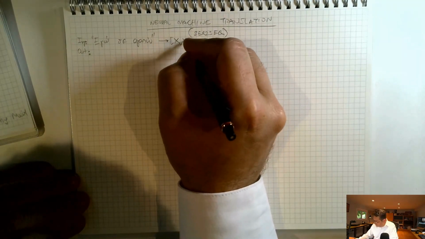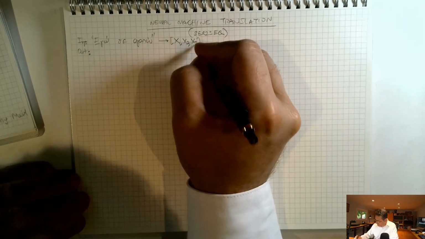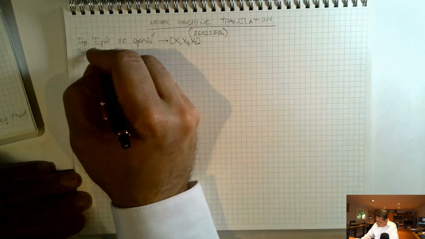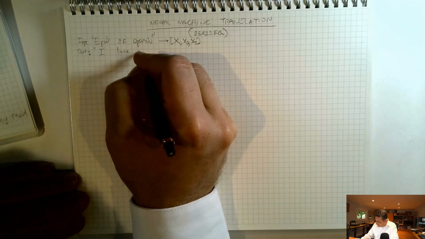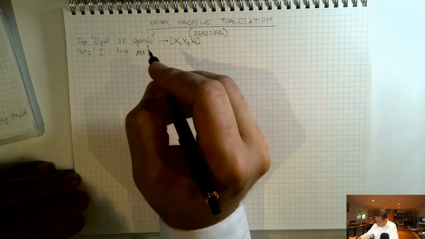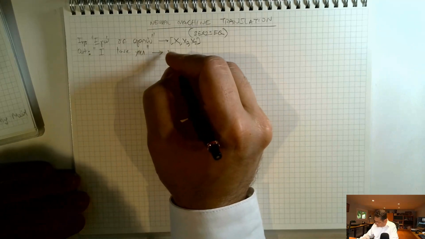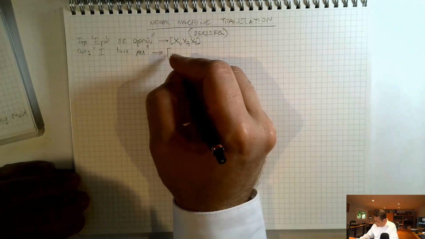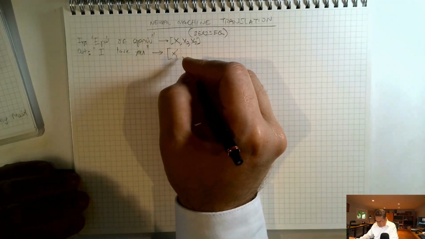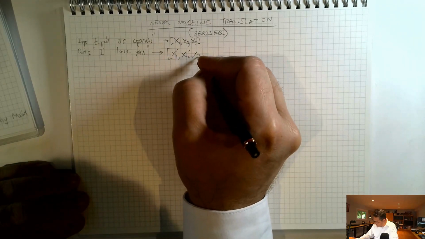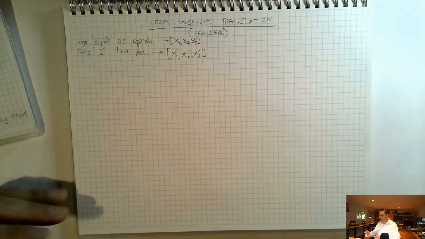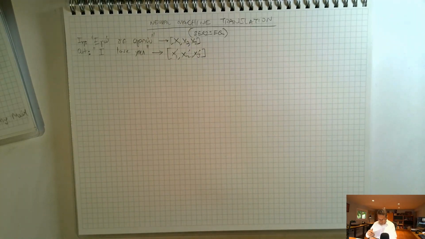So X1, X2, X3. And the translation is "I love you". Here we are also seeing the simplest case where we have exactly the same number of tokens at the input and the output, although obviously this is not going to be the case in general.